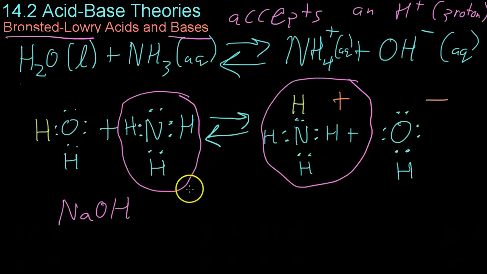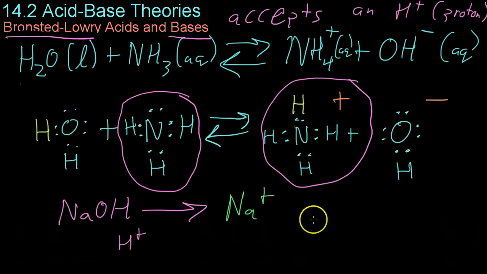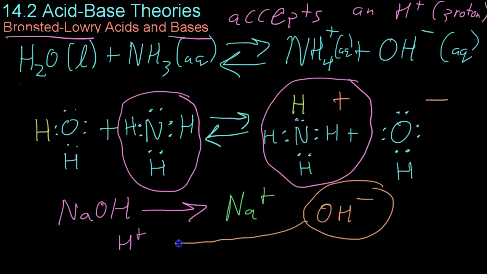Now, when you have Arrhenius bases like NaOH, you may say that they are Bronsted-Lowry bases because eventually they will take on this H plus ion to form water. But really what's happening is that the NaOH is breaking up into positive sodium and a negative hydroxide ion in solution, and the OH is what joins with the positive hydrogen to yield neutral water.